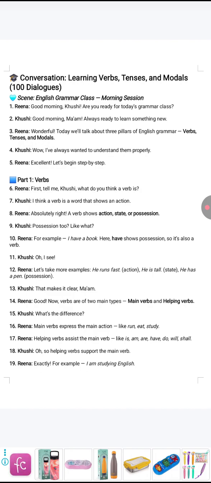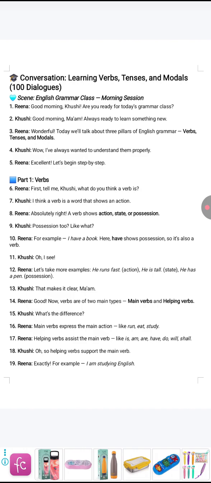Are there more types of verbs? Yes. We also have transitive and intransitive verbs. What's that, ma'am? Transitive verbs need an object. I eat an apple. Intransitive verbs don't. I sleep. Oh, eat is transitive.